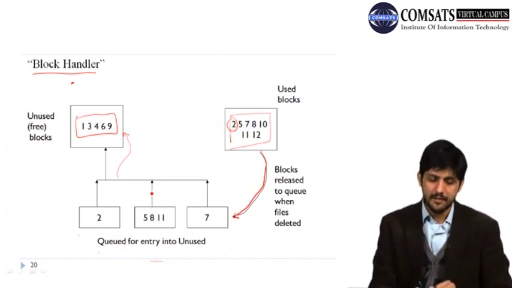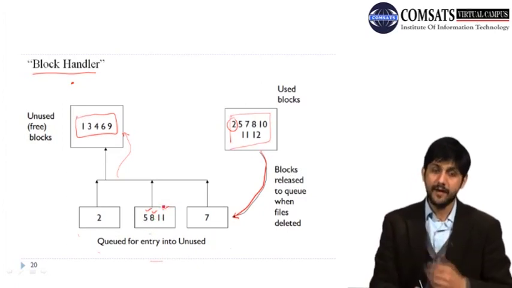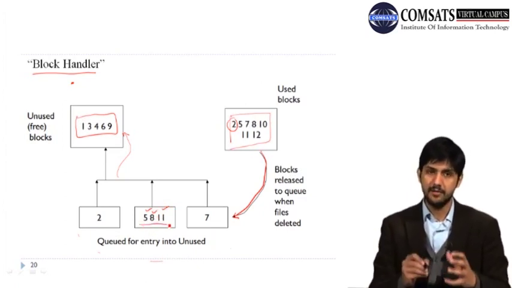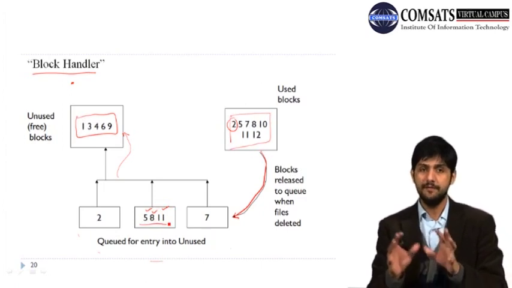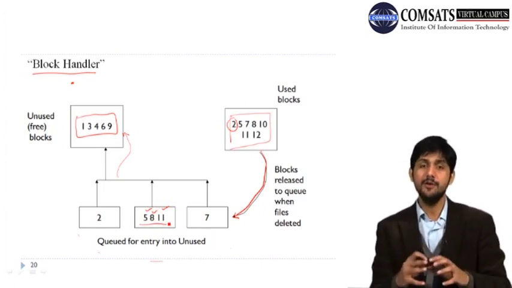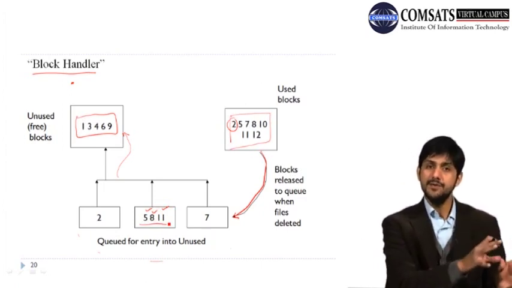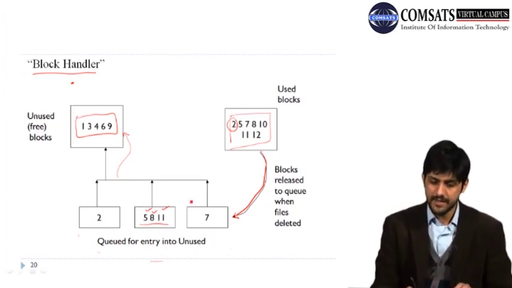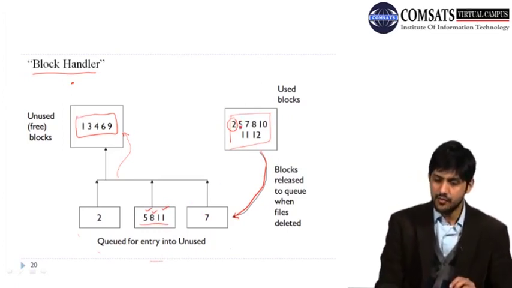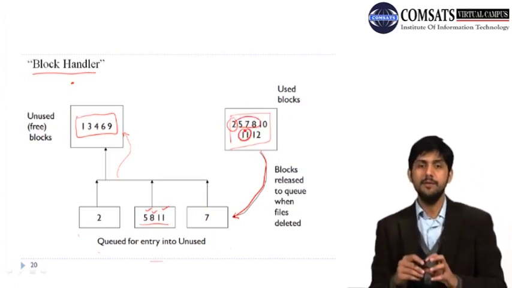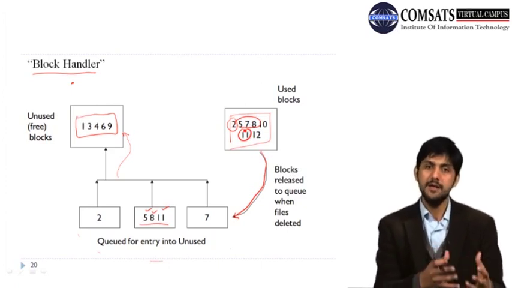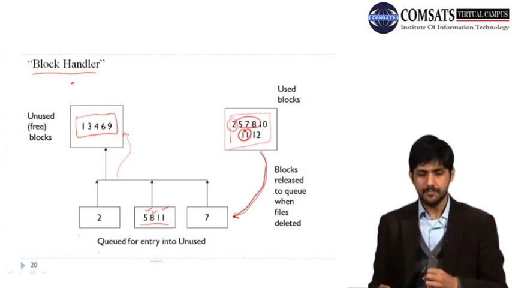The next set of blocks are 5, 8 and 11, and this shows that another file, a bigger file that had 3 blocks, is deleted. So the file is removed and these blocks are also waiting to be added to the set of unused blocks, and similarly we can see 7. So 2, 5, 8 and 11 are all freed now and they want to be added to the set of unused blocks.